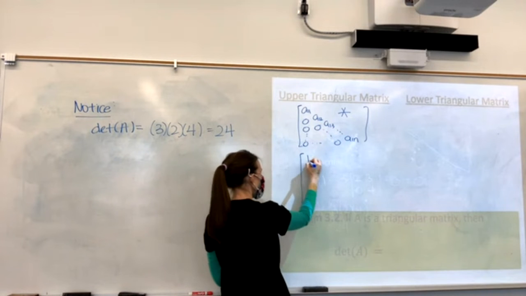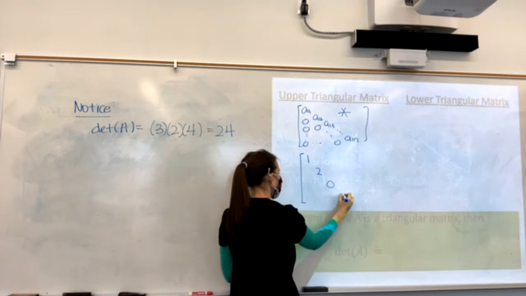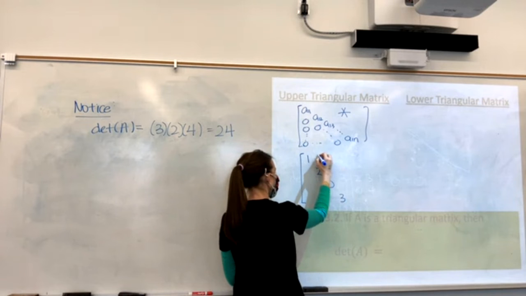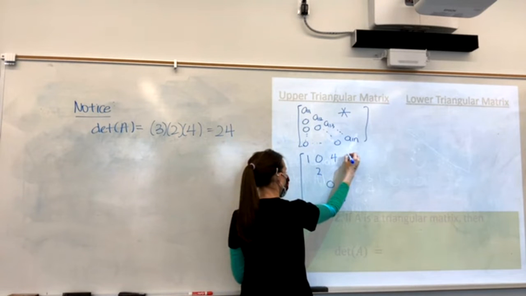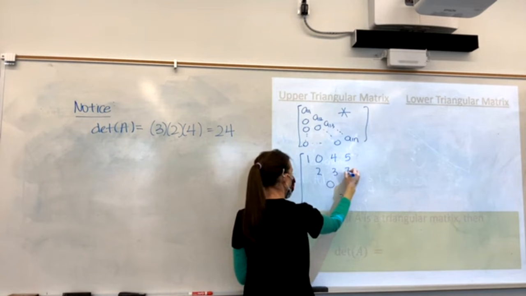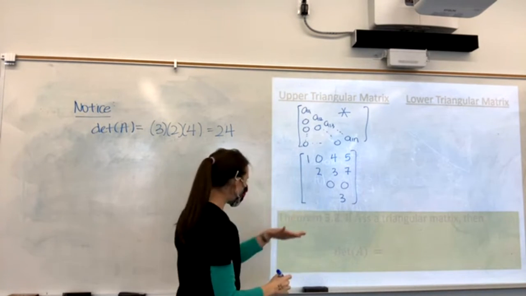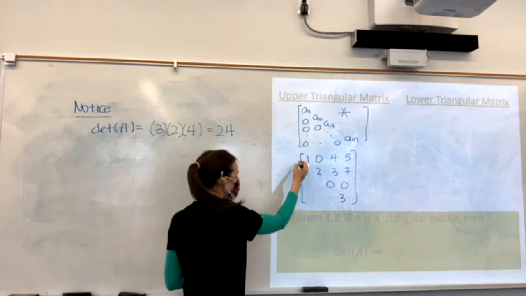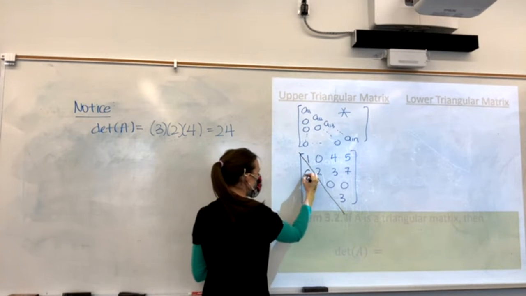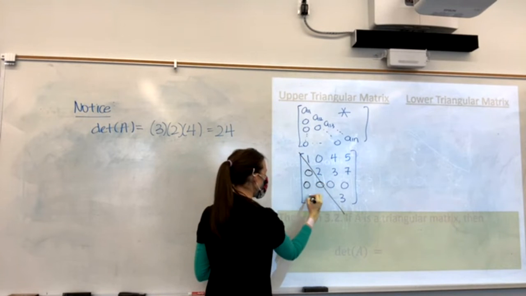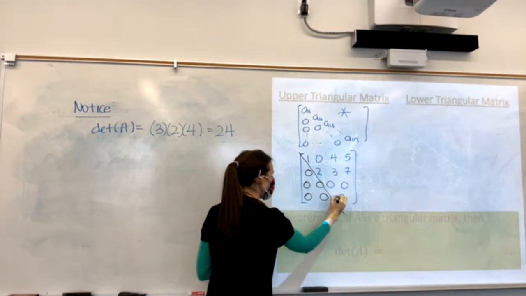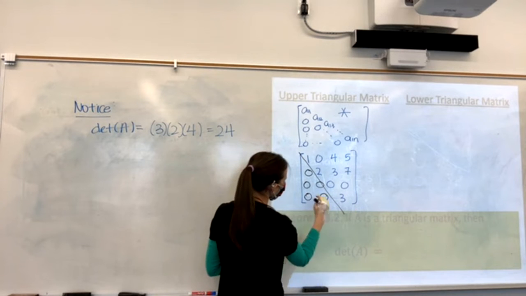So, for example, I can have anything I want happening above this main diagonal, but everything below that diagonal has to be zero.